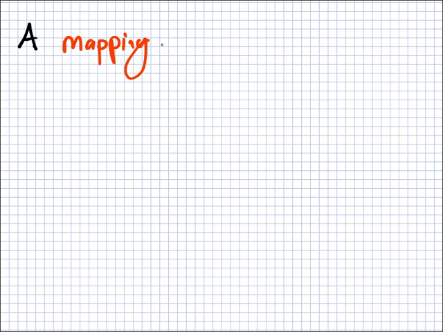So, what is a mapping? I'm explaining that.